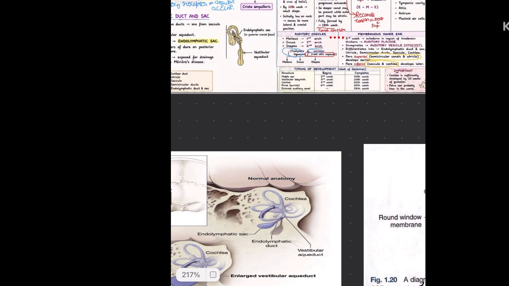Now the last part: how does the timing of development happen? Basically the middle ear starts from the 3rd week, the vestibular labyrinth 3rd week, cochlea 3rd week, and pinna 6th week.